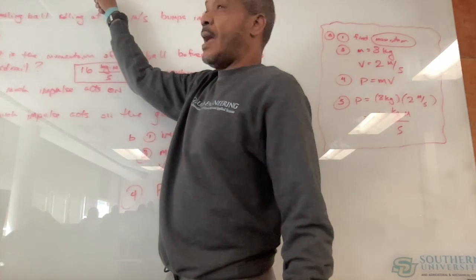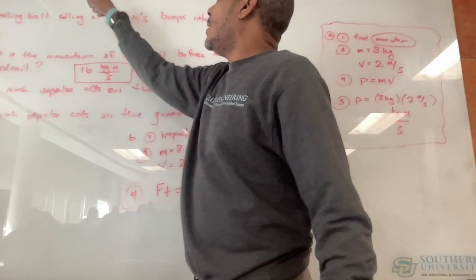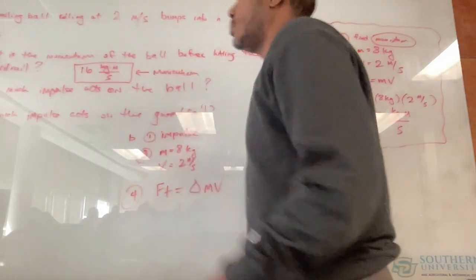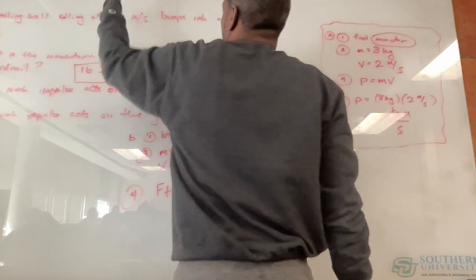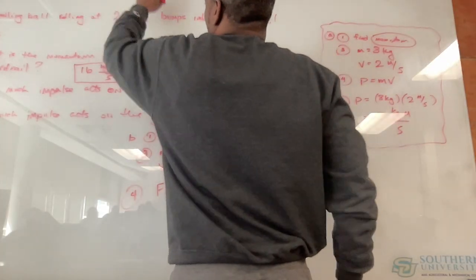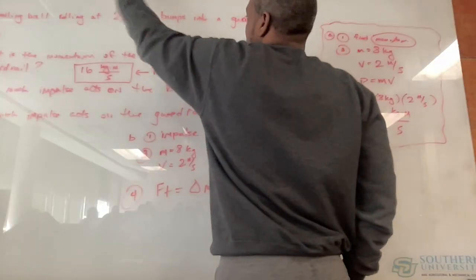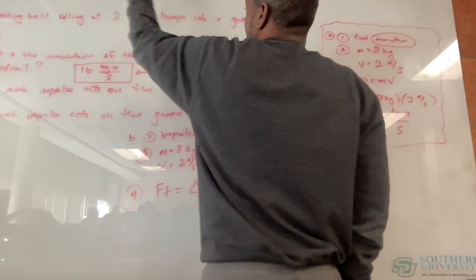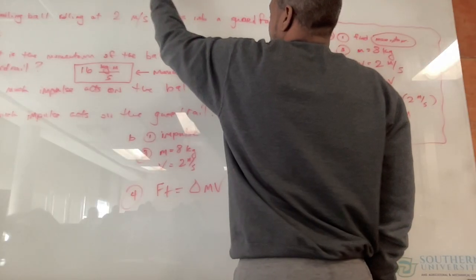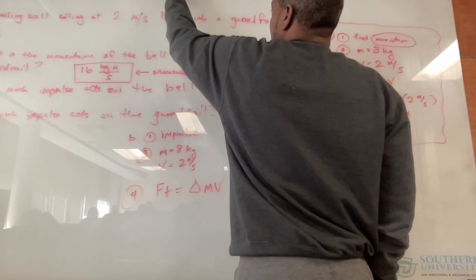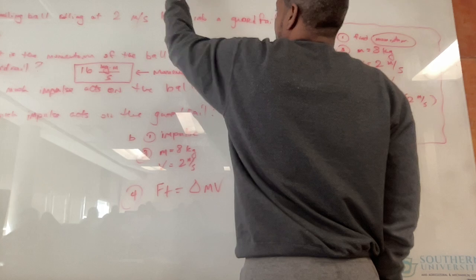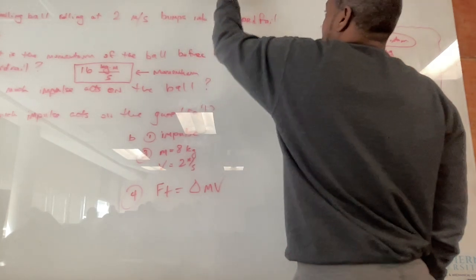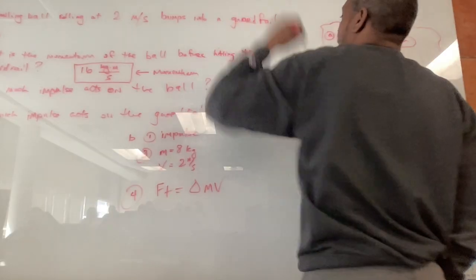So this is what happened when the ball went from 2 meters per second to 0. Because this is the same mass, I'm gonna write it twice just so I don't confuse anybody. All right. 8 kilograms. V2 is 2, right? We started out at 2 meters per second, and then minus what? 8 kilograms, 0 meters per second.